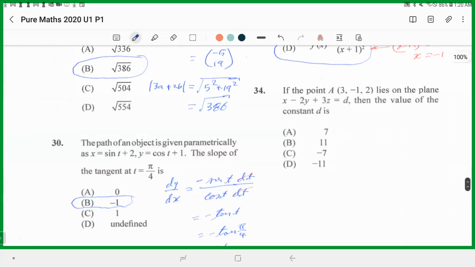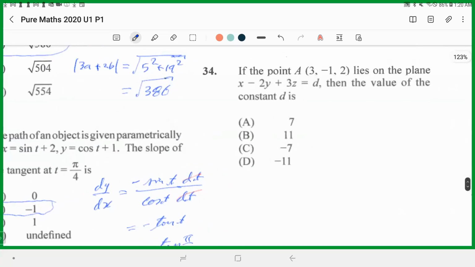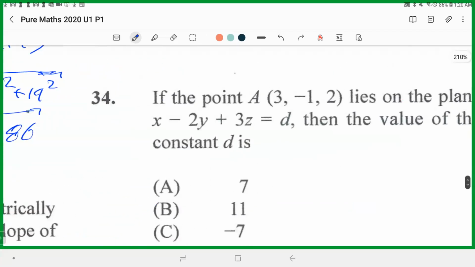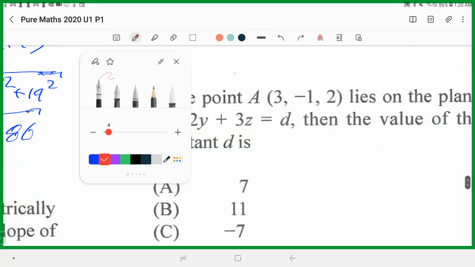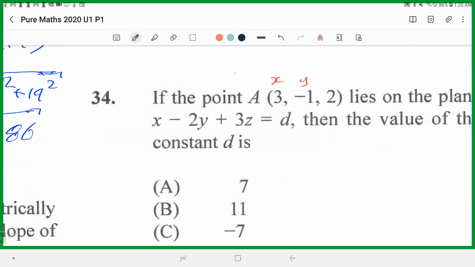Next one. It says if a point A lies on this plane, then D is 1. It means I can substitute the points into the plane. So this becomes the x, y, and z. Plug into that.